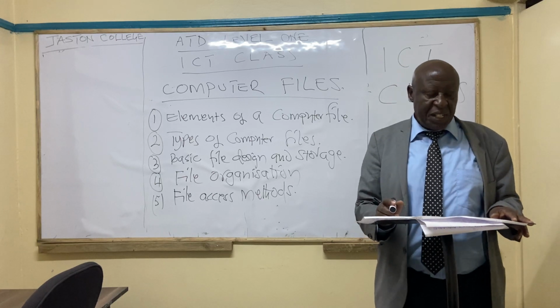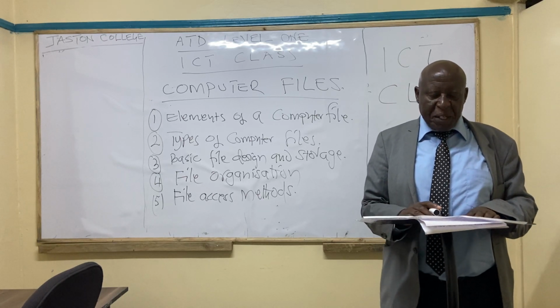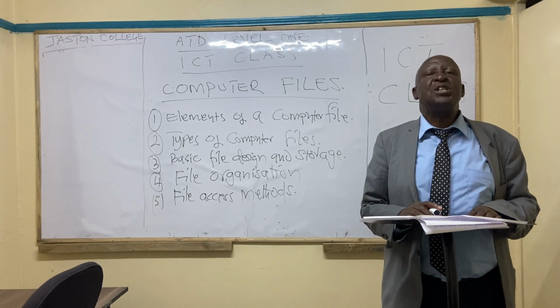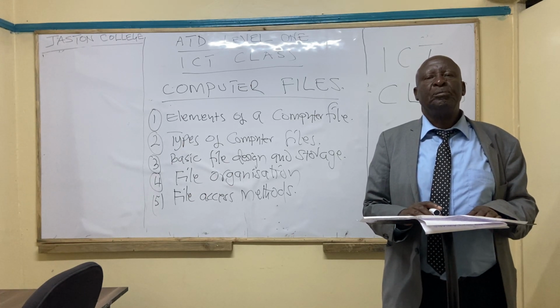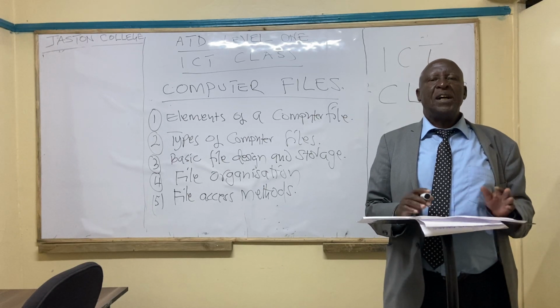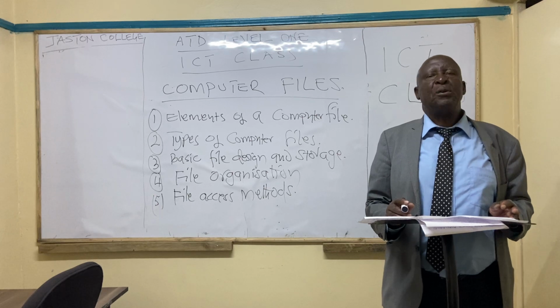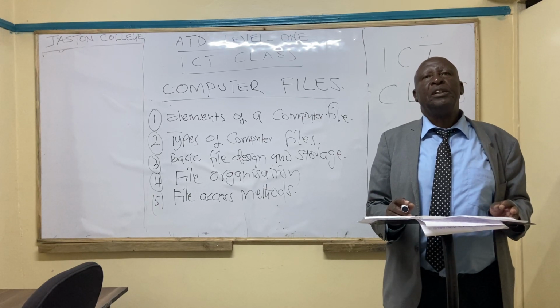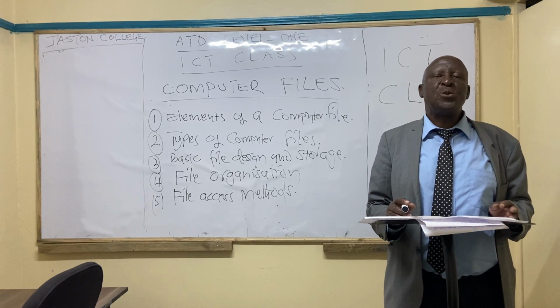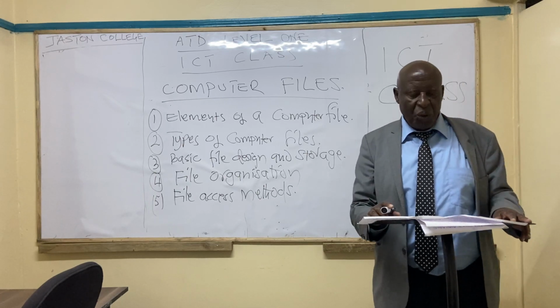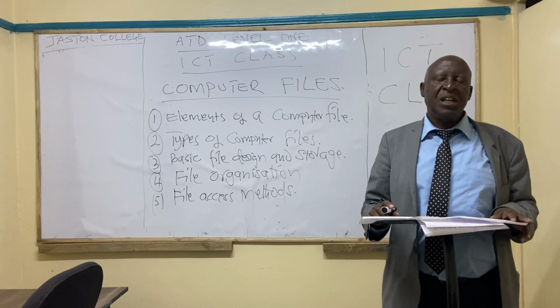But very large files are stored more economically on magnetic tapes. So files can be stored on disks and tapes, and also if it is to last longer, it can be stored on a magnetic tape.